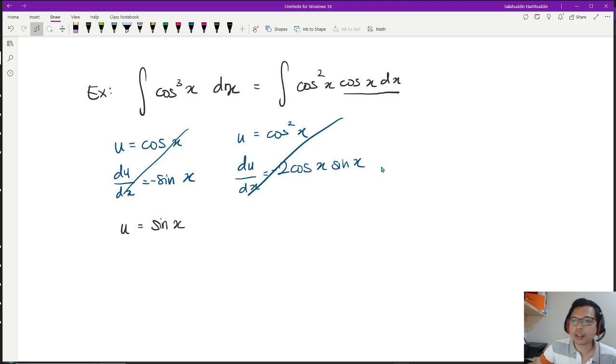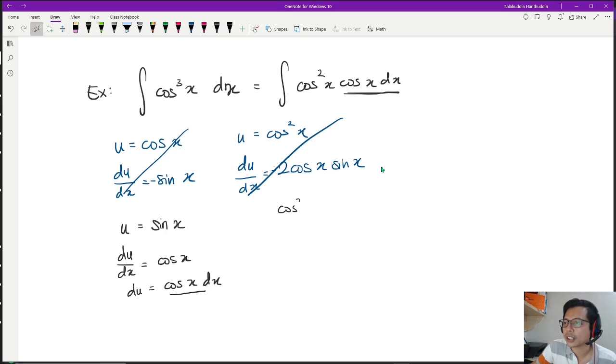Okay, so if I make u equal to sine x, then du/dx will be cosine x, so du will just be cosine x dx. I think I can replace this with du easily, but then I need to take care of this cosine squared. How do I relate cosine squared x and sine x?